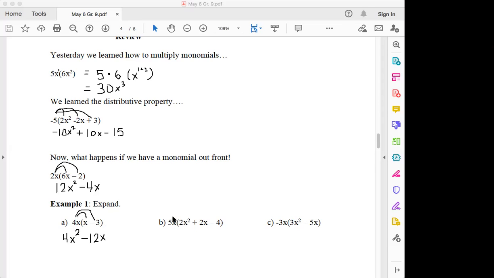Okay, so we're going to do the same thing here. So 5x times 2x squared would give you 10x cubed. 5x times 2x would be 10x squared. And then 5x times -4 would give us -20x.